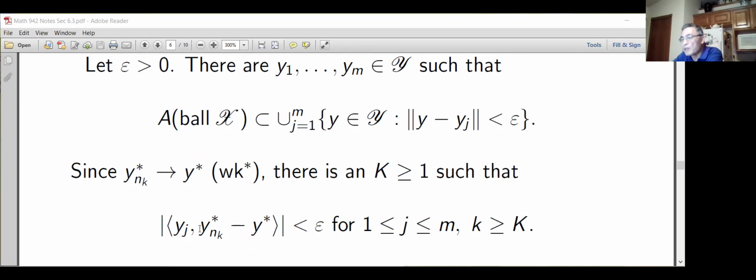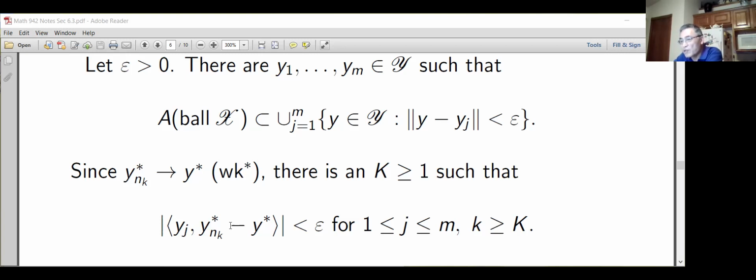But the difficulty is that we have infinitely many vectors in the ball of Y. Since our operator A is compact, we can choose finitely many such yj, and all others are close to them. So this is the idea, to use compactness of A to prove compactness of A star.